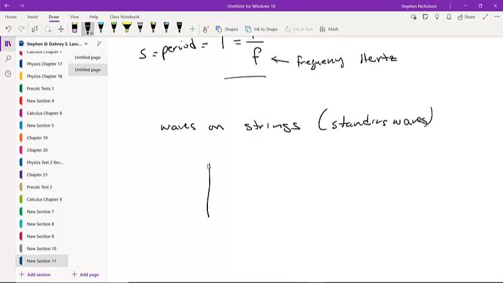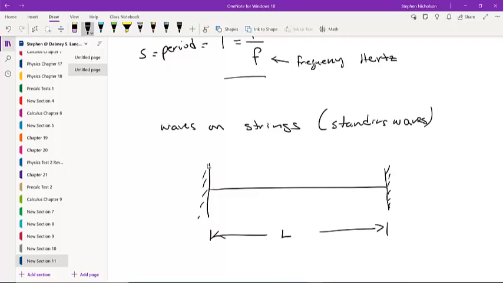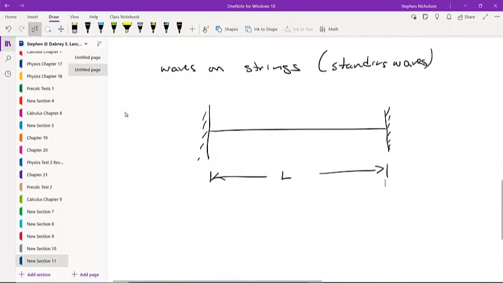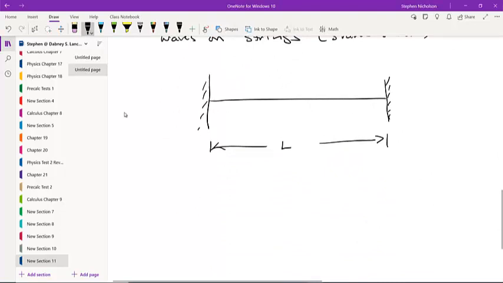So what we did there is we had a string which was anchored at both ends, and the string had a certain length L, and the conditions under which you get a standing wave are such that the speed of the wave is related to the wavelength, the frequency, and the length between the ends of the string.